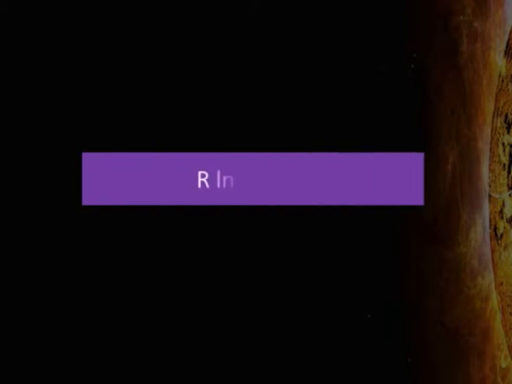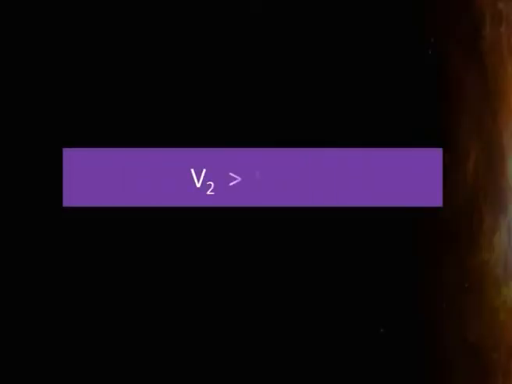Therefore, the entropy change of the system and the surroundings taken together will be equal to R natural log V2 divided by V1. As this is the process of expansion, V2 will be greater than V1, or we can say that delta S will be positive. Therefore, we can say that entropy increases during isothermal expansion.